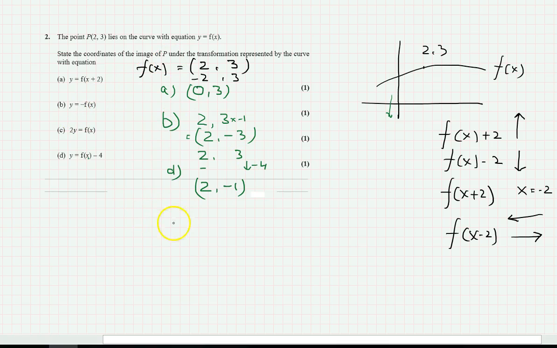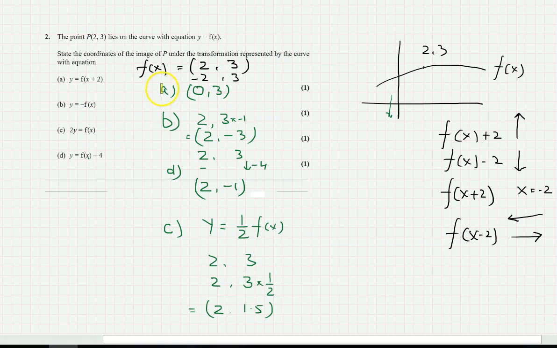That is part B. And part C will be y is equal to half f(x). So it is 2 and 3. This is the y coordinate, so the x coordinate will remain the same and y will be multiplied by half. So it will be 2 and 1.5.